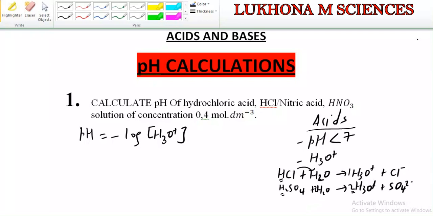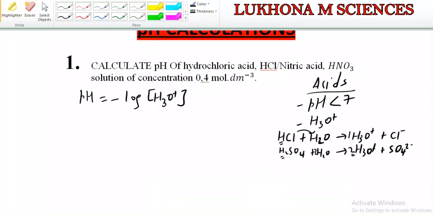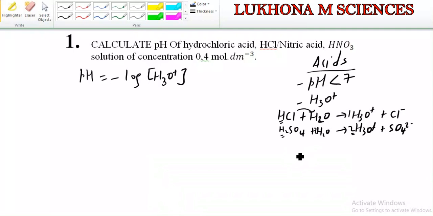What does that mean? It simply means that the concentration of hydronium ion that you get from a monoprotic acid will be equal to 1 times the concentration of that acid, which is a monoprotic acid.